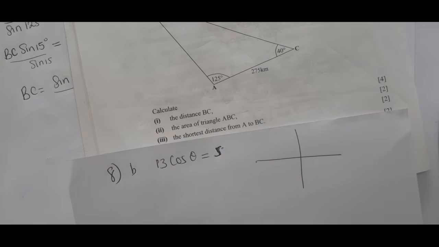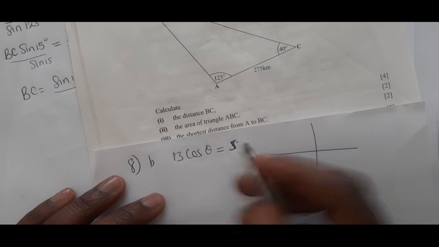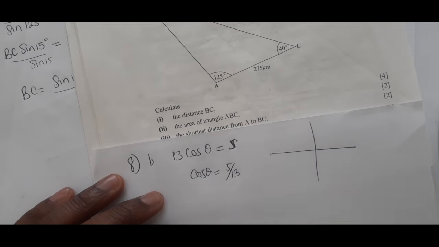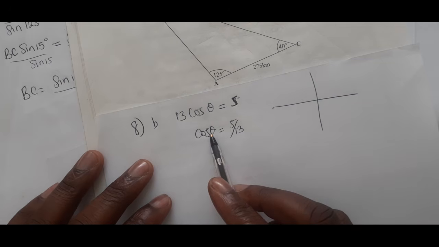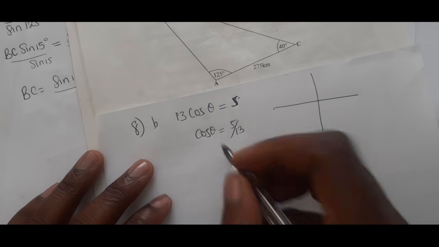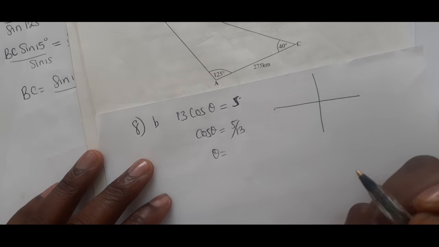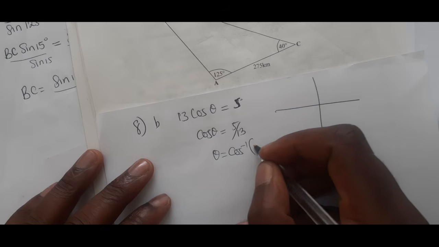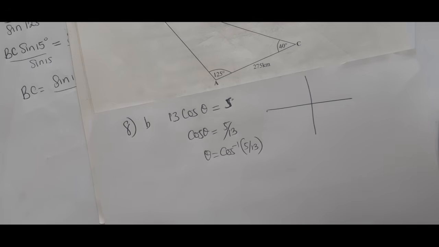We need to remain with the cos theta here, so you divide both sides by 13. So cos theta equals 5 over 13. Then we continue to find the value of theta here. So theta equals cos inverse 5 divided by 13. Okay, so let's do that.